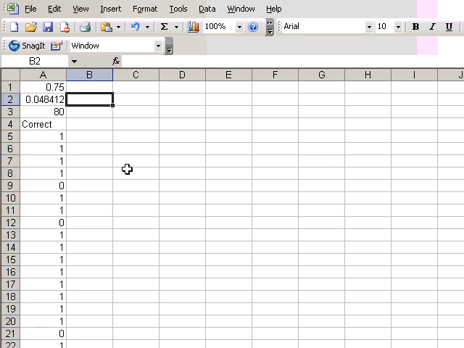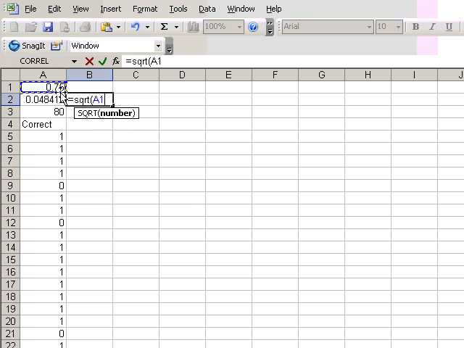But if I have a proportion, I can get the standard error of that proportion according to the formula in 6.15 on 212. The standard error of a proportion is equal to the square root of the proportion times 1 minus the proportion divided by the total number of observations.